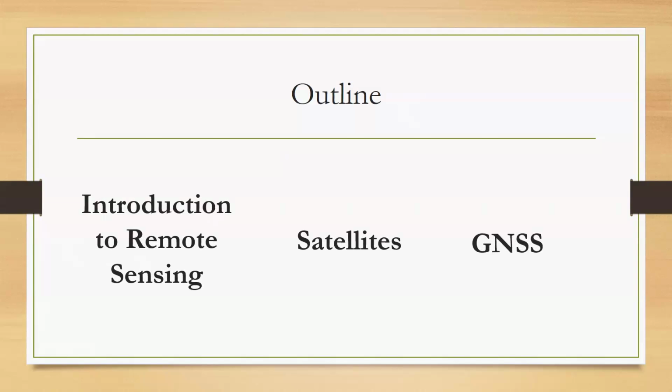So for this first hour, we're going to concentrate on this part, and then for the next hour after the break, we would look at applications of remote sensing in space science, and also AI, artificial intelligence and machine learning applications.